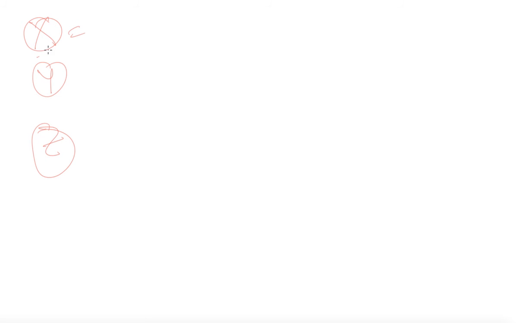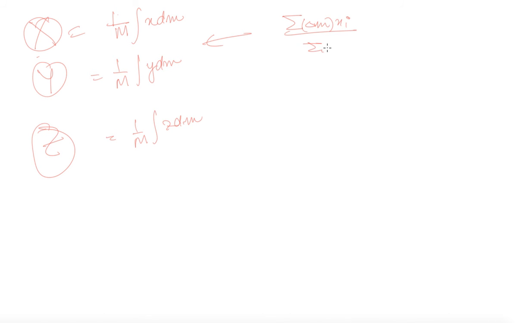Now for this we have the formula 1 by m integration of x dm. For this, 1 by m integration of y dm, and for this, 1 by m integration of z dm. Now we arrived at this formula from here, del m into xi by summation of mi, or you can say summation of del mi.